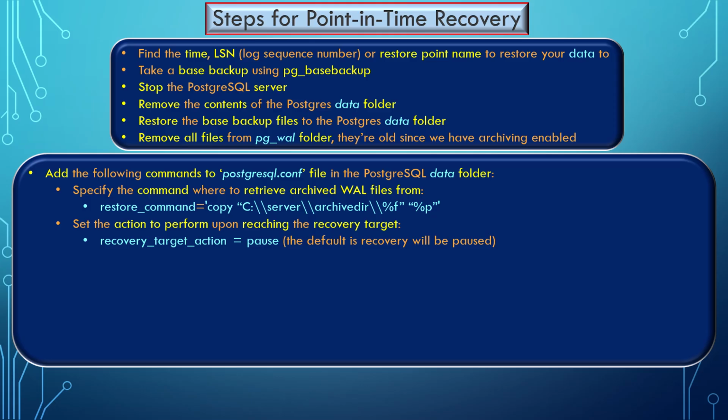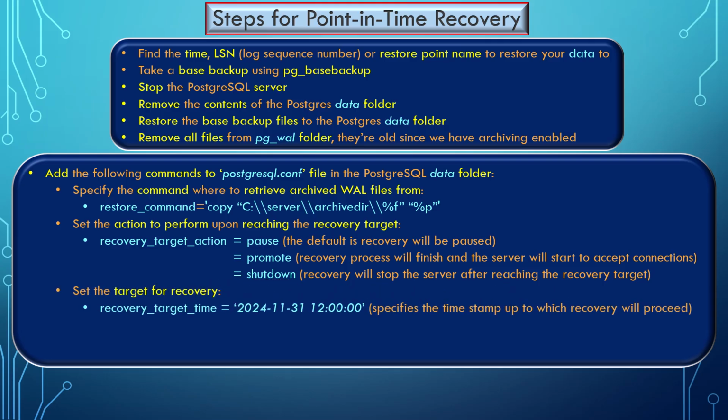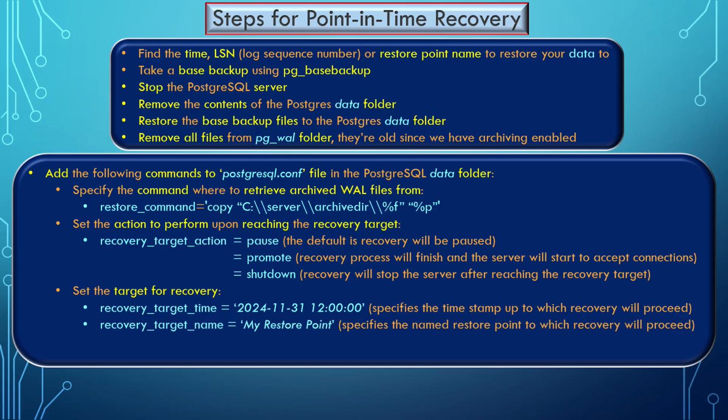The choices are pause, which is the default, or promote, where the recovery process will finish and the server will start to accept connections, or shutdown, where the recovery will stop the server after reaching the recovery target. Then set the target for recovery, which can be recovery_target_time that specifies the timestamp up to which recovery will proceed, or recovery_target_name, which specifies the named restore point to which recovery will proceed.